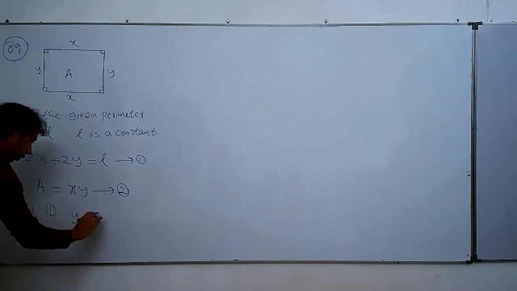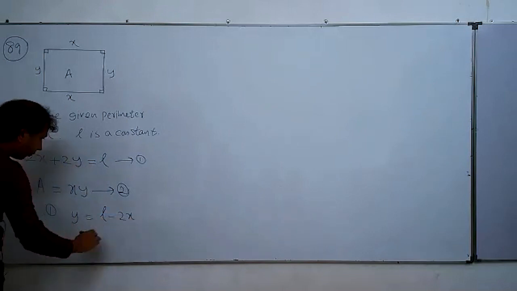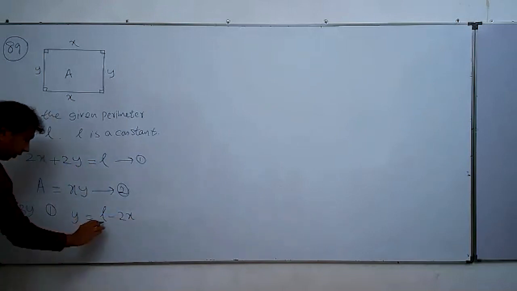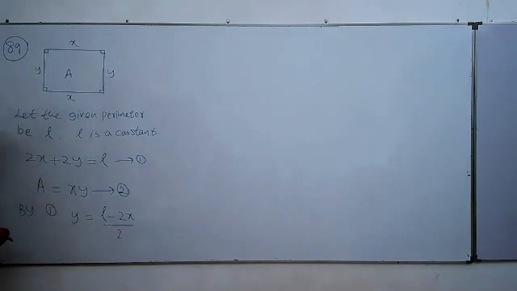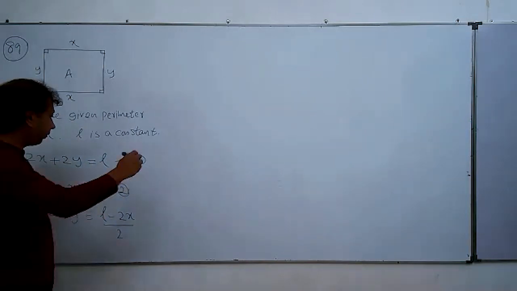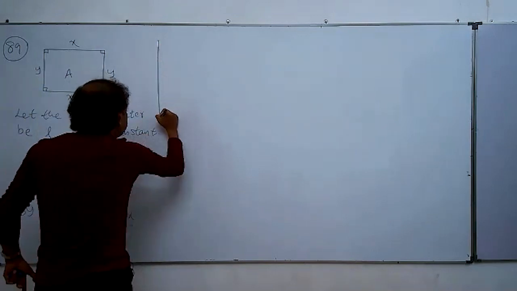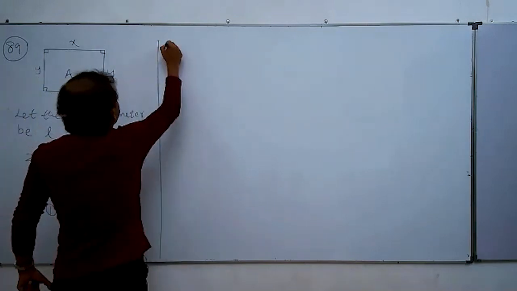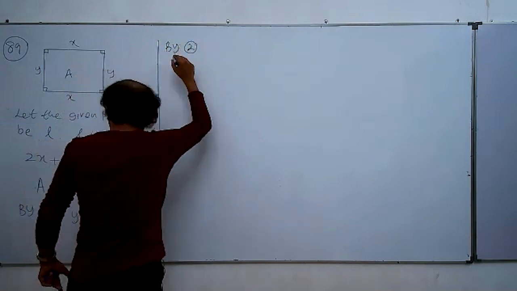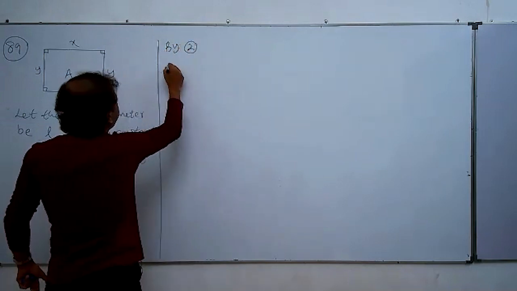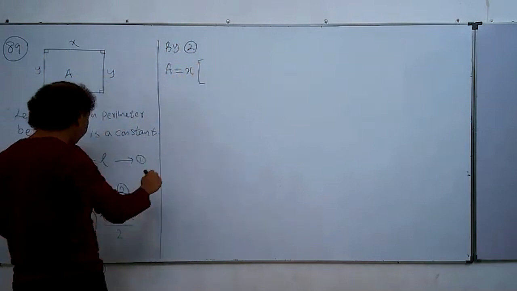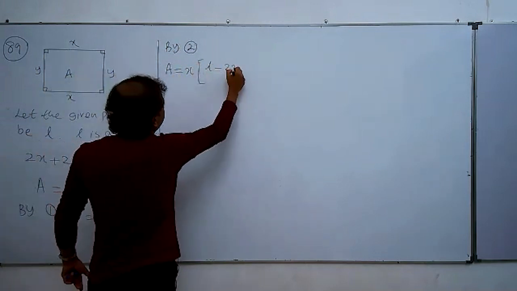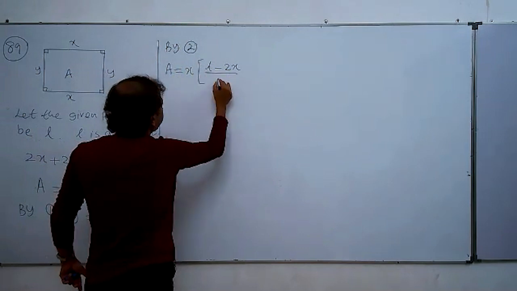Bring this to the right hand side: L minus 2x divided by 2 is y. Then we can obtain A equals x times y, that is x times (L minus 2x) by 2.